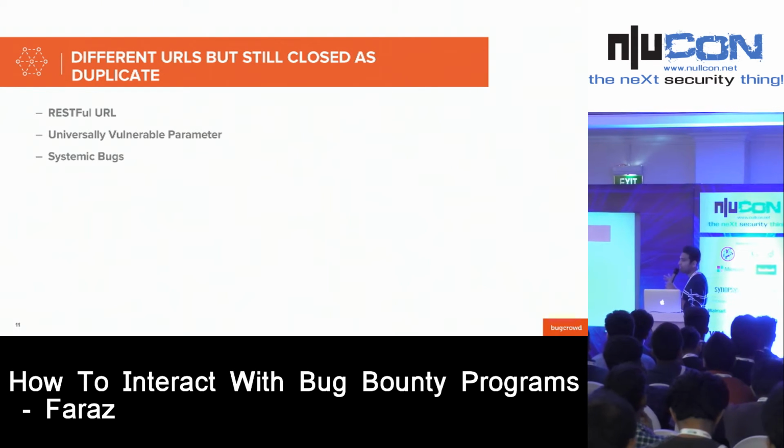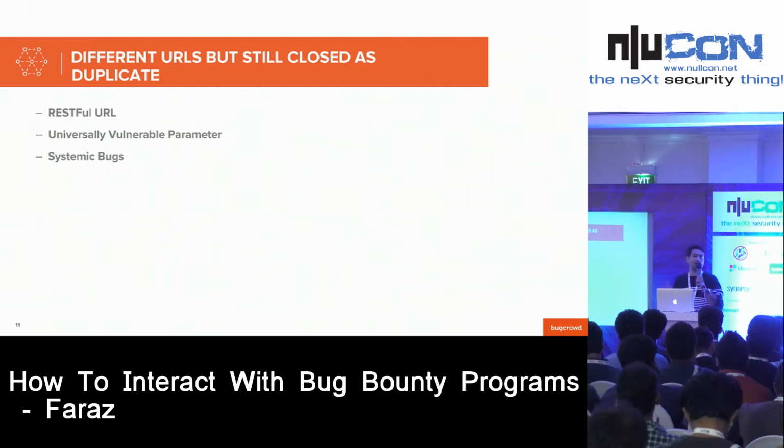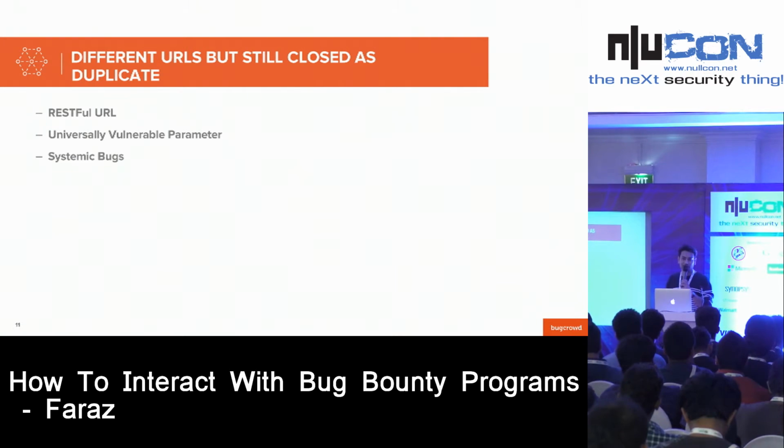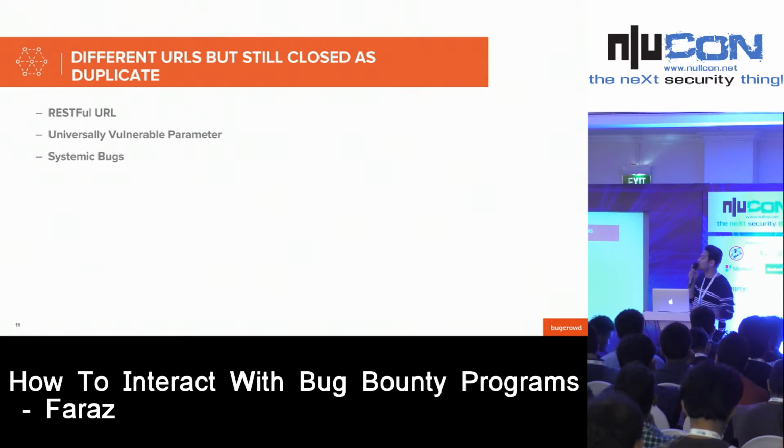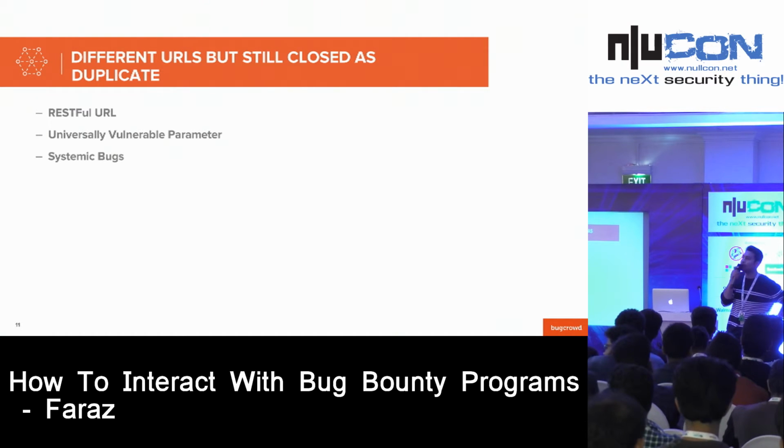You are not thinking that they are writing different code for each product, are you? We can't. They are using one single code for all the URLs, but the URLs are different. This is the RESTful terminology. Even though they have different URLs, in the end they are using one single code.